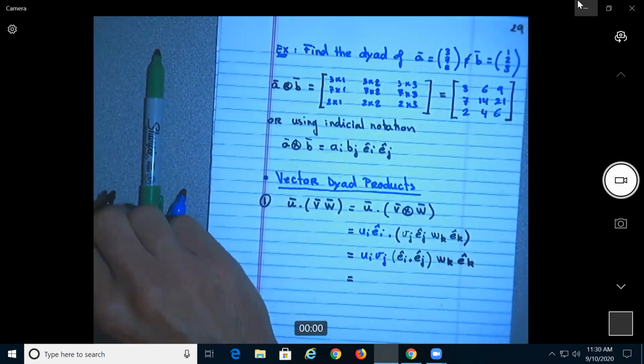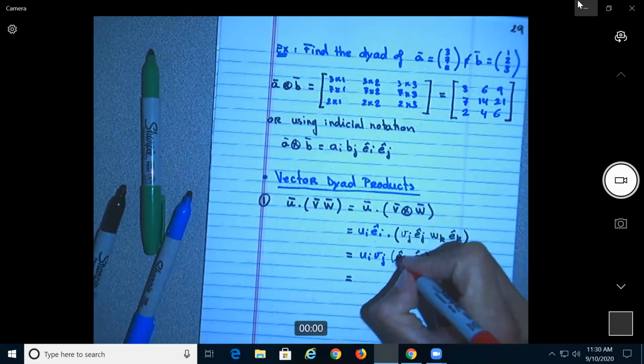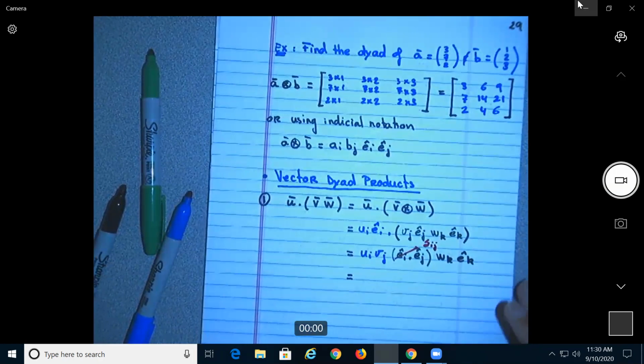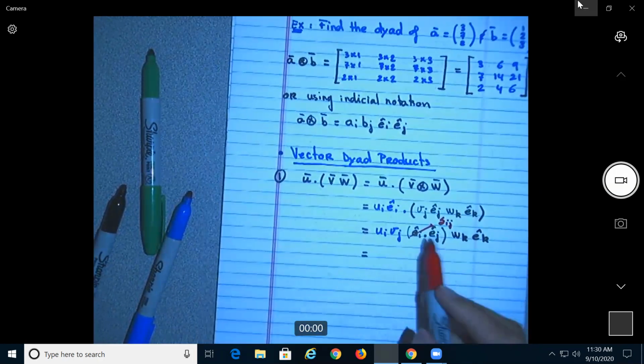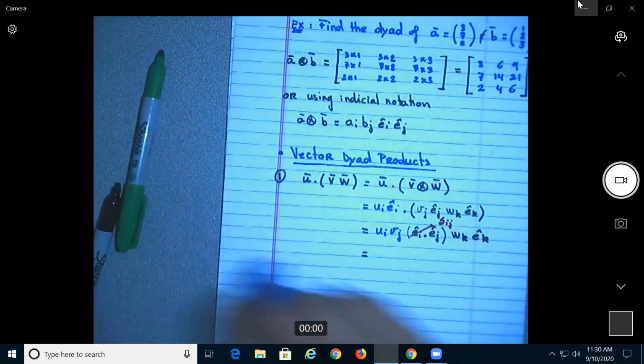So now remember this term over here is the same as the Kronecker delta symbol, no? Delta ij. So that means that this one only makes sense if j equals i, or i equals j. Okay? So at the end, we just say that this will be equal to what?